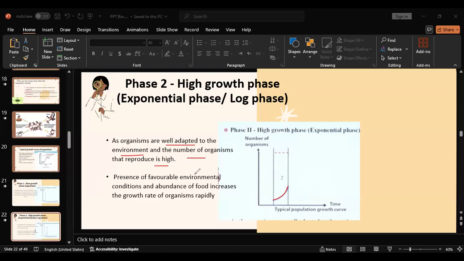All the harsh environmental conditions are becoming favorable environmental conditions, and there is an abundance of food, so that's why the organisms increase rapidly. In the previous phase growth was slow, and as time passes, everything is favorable, so the growth will be massive. Understand these things? Okay, let's move next.